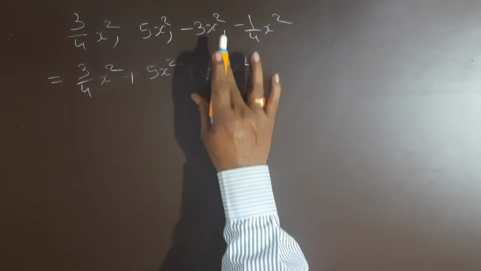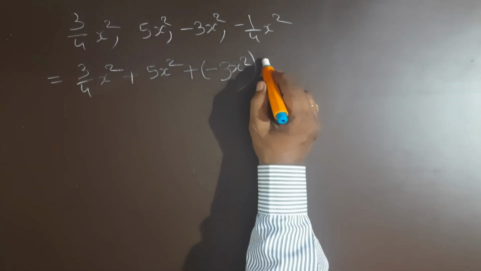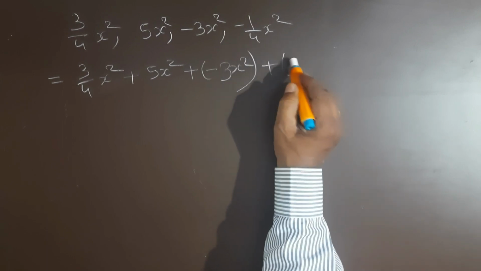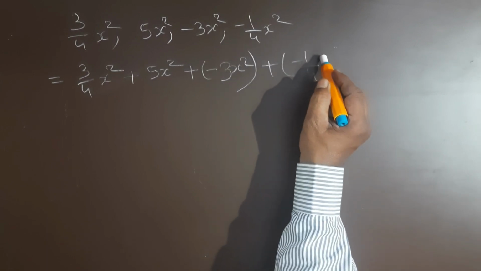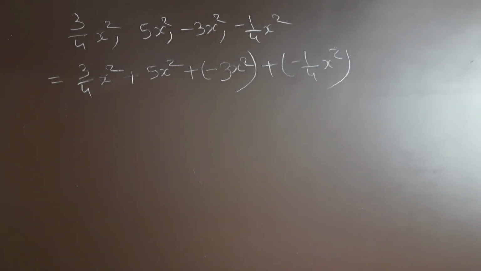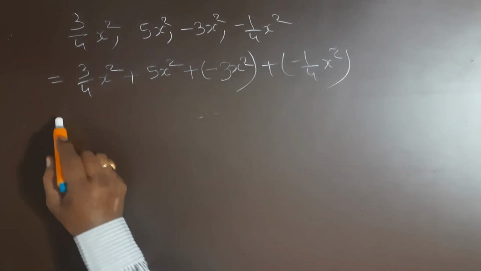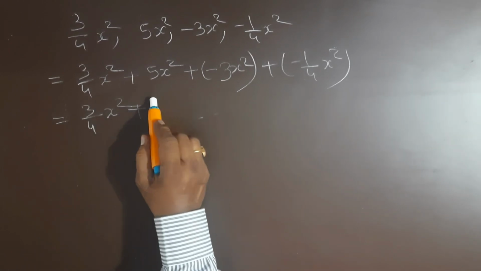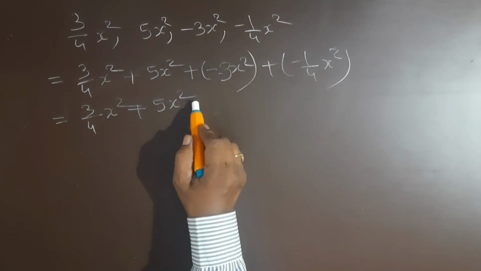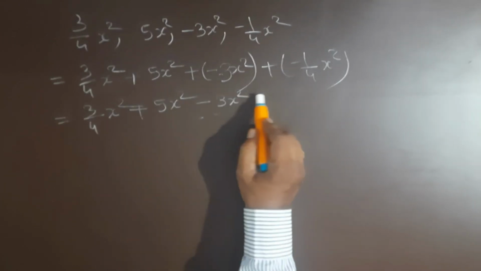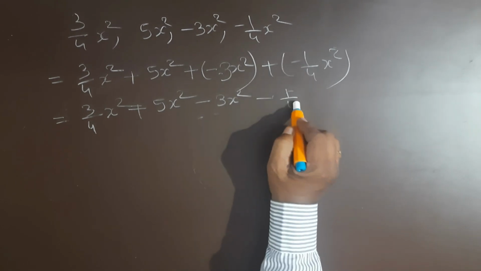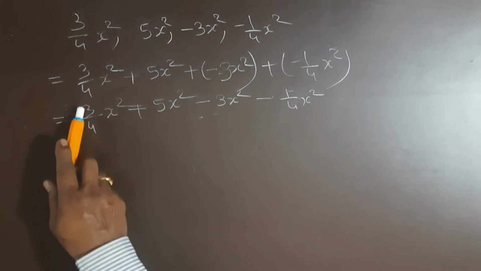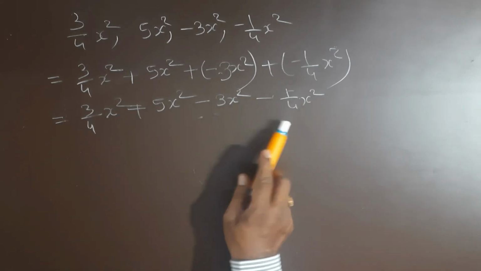Minus 3x square, minus 1 by 4, again we got two signs, so plus minus 1 by 4 x square. Now we will break the brackets by putting one sign: 3 by 4 x square plus 5x square plus minus minus 3x square plus minus minus 1 by 4 x square. Is it clear?